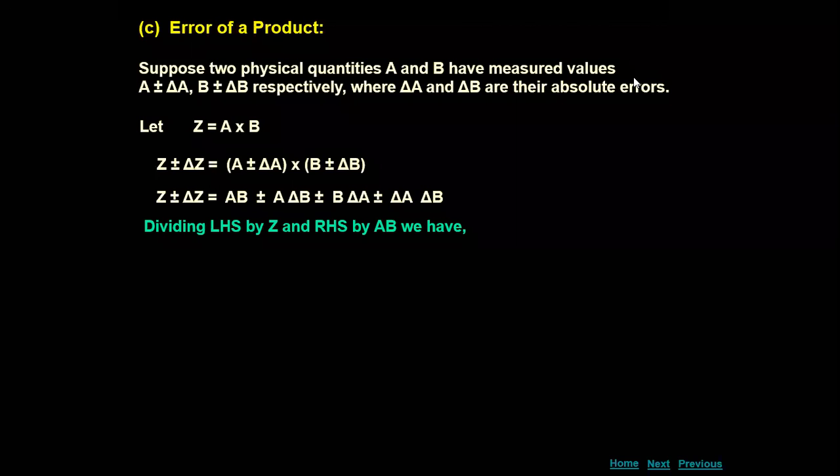Relative error we have seen: the ratio of absolute error to its true value is taken as relative error. Anyhow, we are in multiplication, so it is easy to get the relative error. That's the reason I am going with this step. So what happens if I divide by Z? For the first term, Z by Z will come. For the second term, plus or minus delta Z by Z will come. Z by Z means 1 will come. Right? The same way, the right side also.